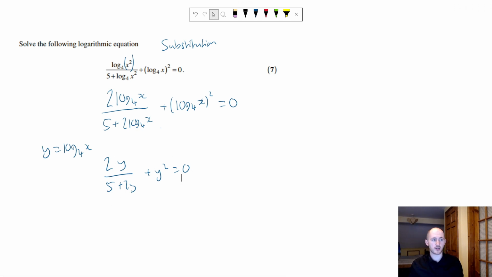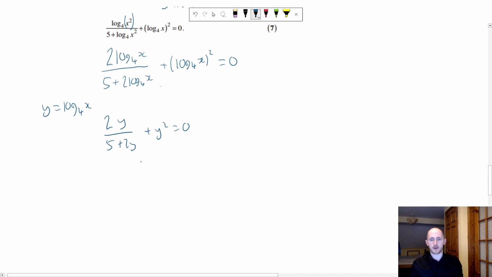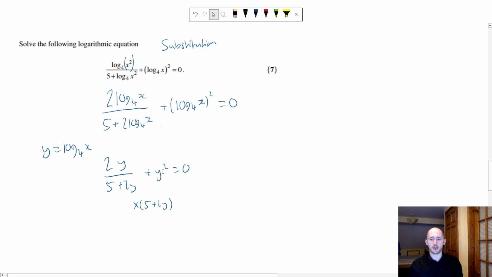You guys know how to solve these. So how do we solve it? Well, we want to get rid of the fraction first, so I'm going to times through by 5 plus 2y. And just to go back to that point about substitution, it is vitally important that you can notice these things. I could have done something slightly different, timesing both sides by this first to get rid of the fraction to make it more obvious, but I think it can get harder to spot in some cases.